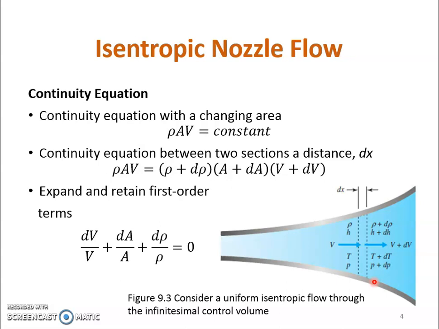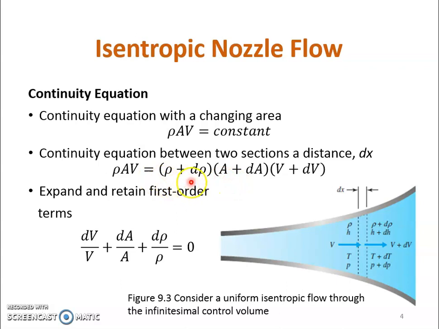This complies with the continuity principle, or mass conservation, so we can write it as an equation. At the inlet we have the properties of the gas: rho, A, and V. At the outlet there can be a change in rho, plus d-rho, a change of area, plus dA, and the velocity plus dV. Here V, the big V, is the velocity, rho is the density, and A is the area.